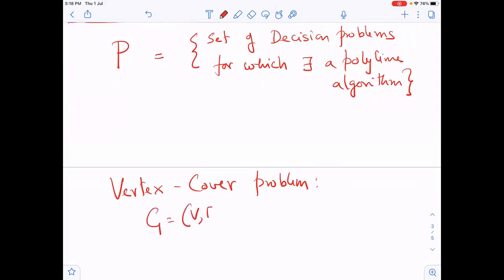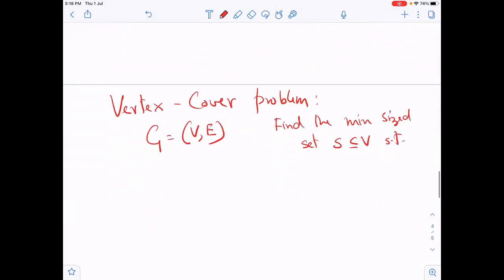Right. So you have been given the vertices and edges, the graph, and your goal is to find the minimum sized set S such that for all UV in the edge set, either U is in the set S or V is in the set S. So at least one of them is there.